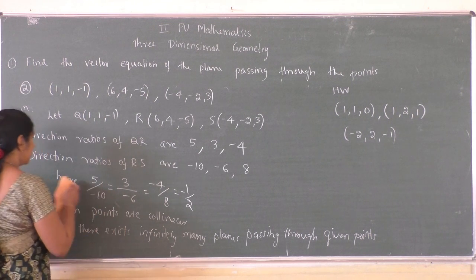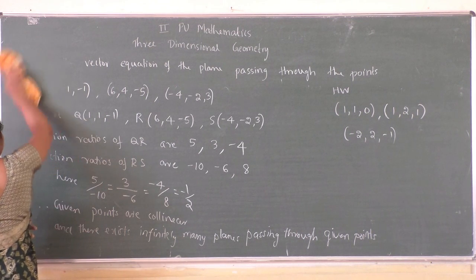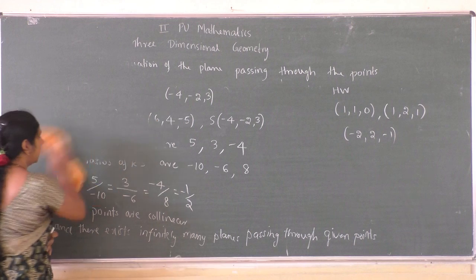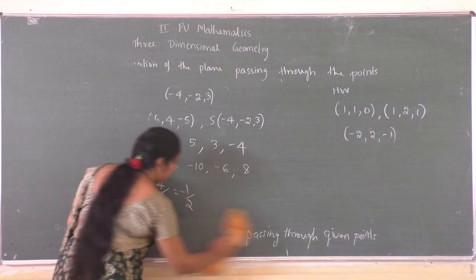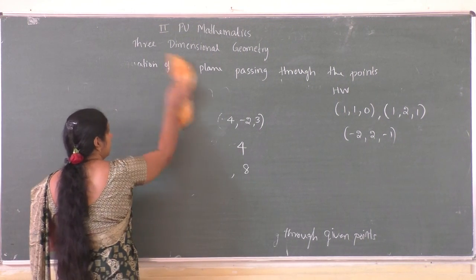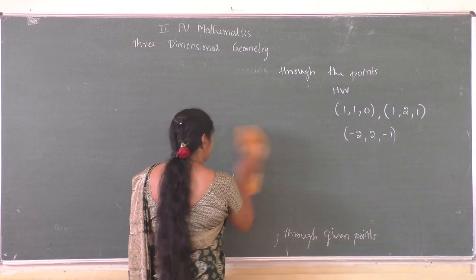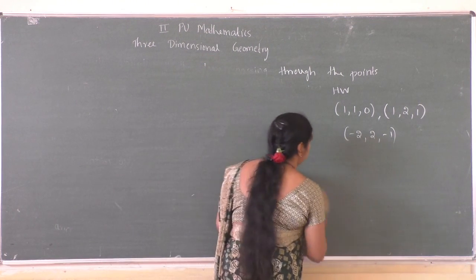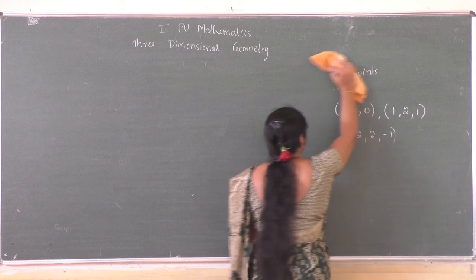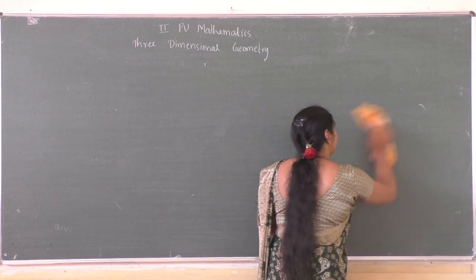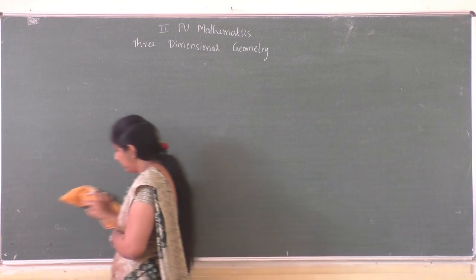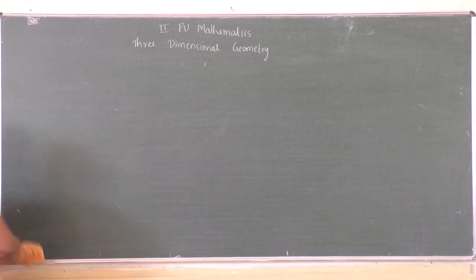First thing you have to do is check whether the given points are collinear or not. If it is collinear, then just write the one sentence: there exist infinitely many planes passing through the given points. If the given points are non-collinear, then use the formula.